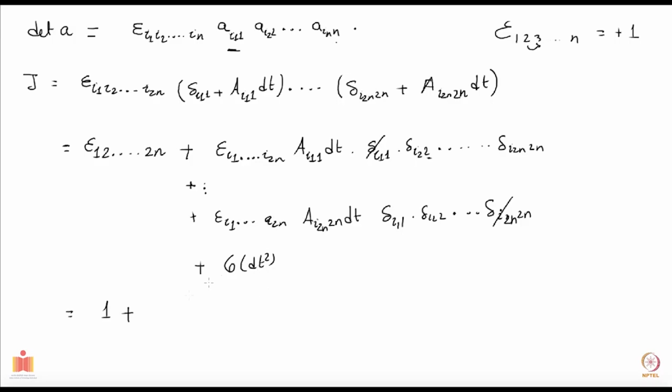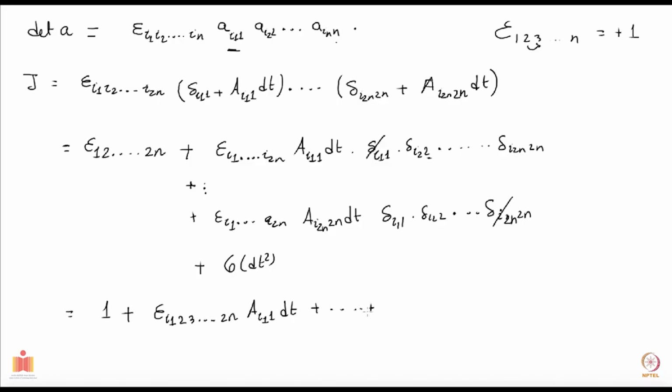Yeah. So you will get, let me write down, epsilon i1 2 3, and so forth, to 2n, with a_{i1 1} dt, and all such terms are here.